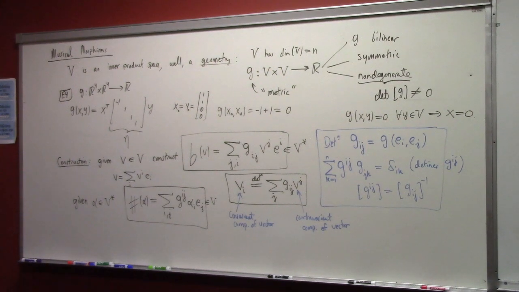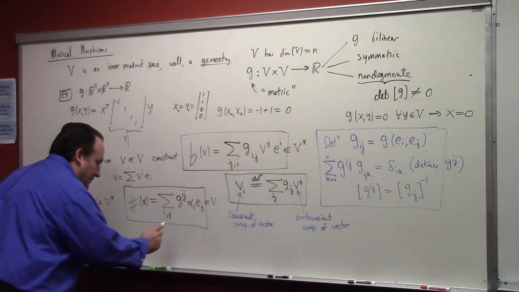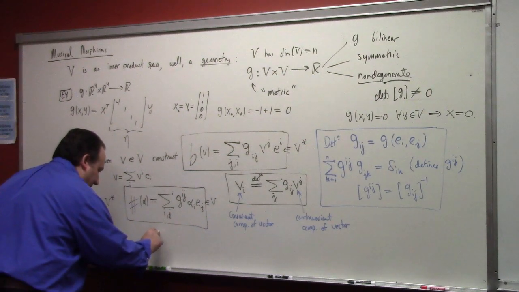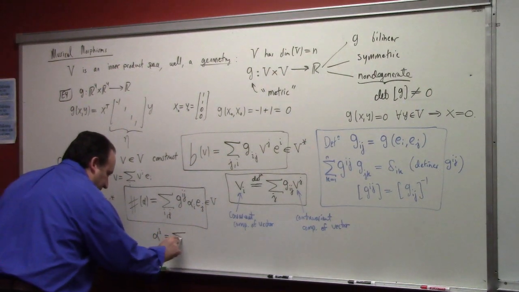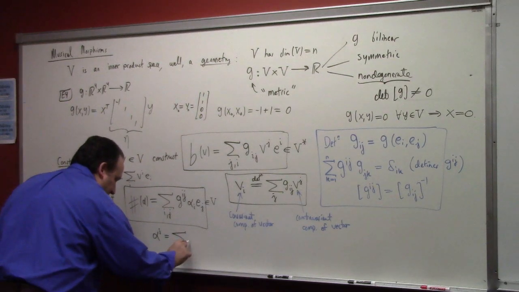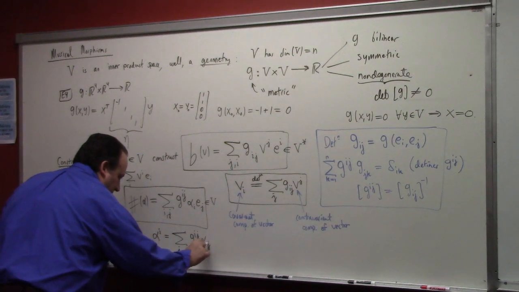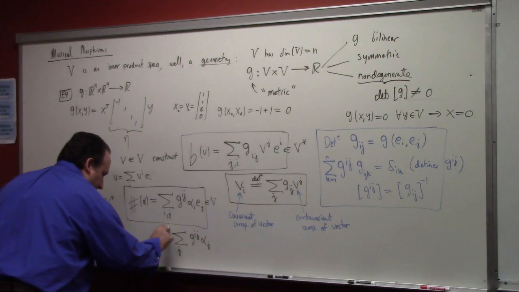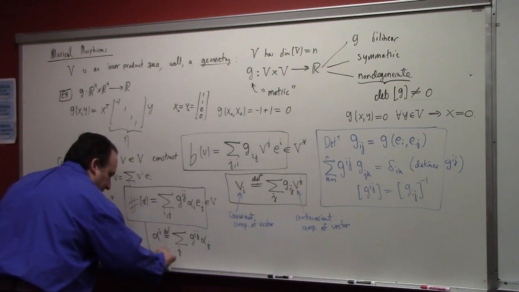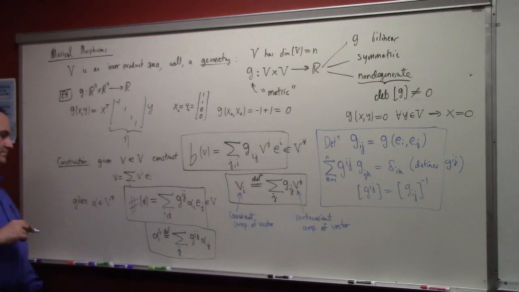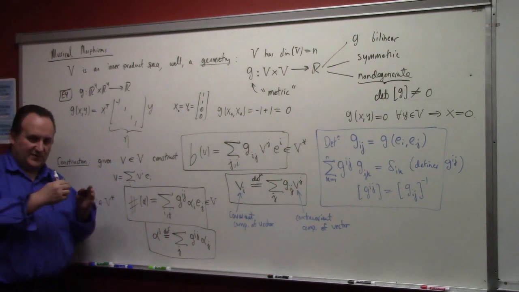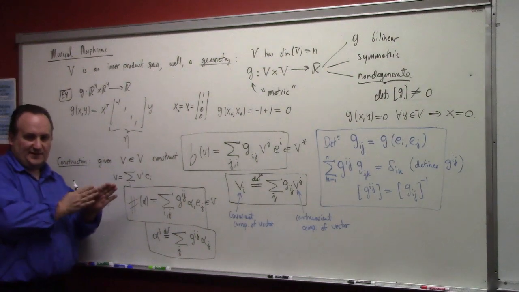And the reason it's a flat and a sharp, it's really a dumb joke, okay? You see this? Alpha upper i is equal to a sum over j of g upper ij alpha j. That's the definition here. Do you understand why it's a sharp and a flat? In music, if you go up, it's the sharp.